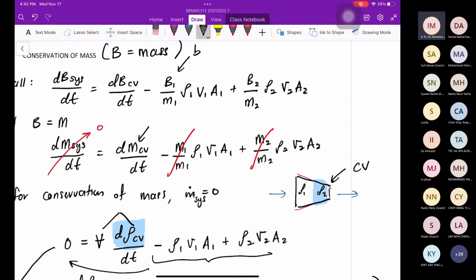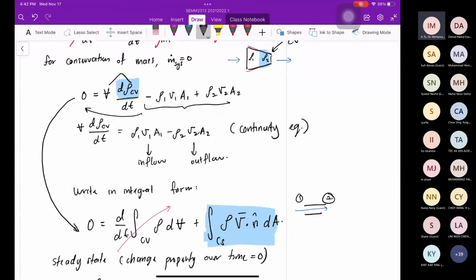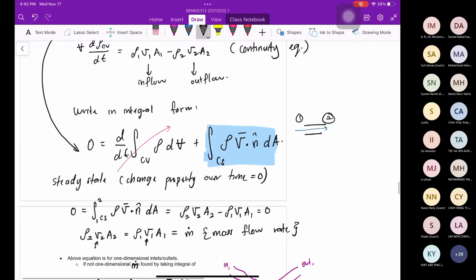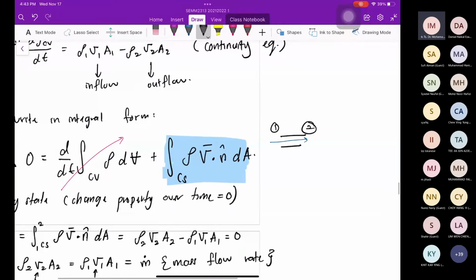There is no change of mass inside the system over time. So it is equal to 0 and it leads to this equation. D over dt, integral of control volume, rho dV. This is the change of volume inside the control volume plus control surface when there is a flow, inlet and outlet, because we are dealing with area.